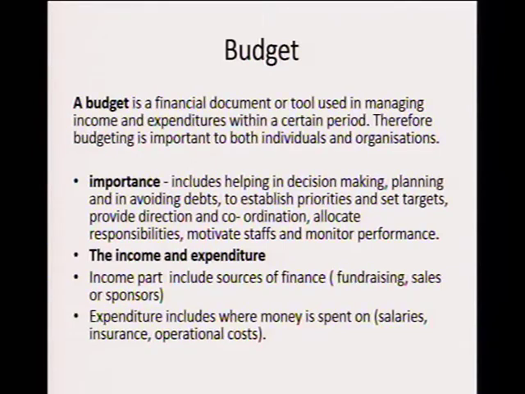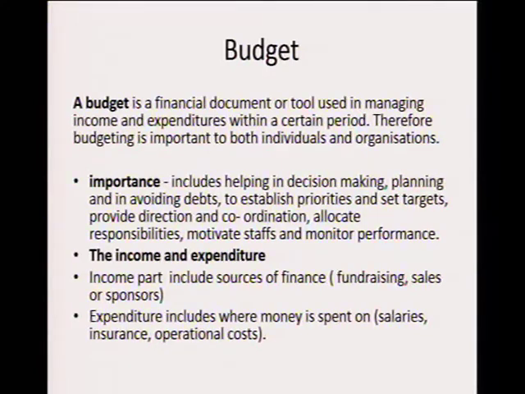Let's look at the income and expenditure part of the budget. The income part includes the sources of finance. Where does the individual or the company get the finance for it to move forward?